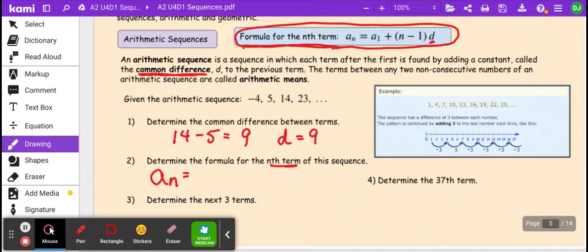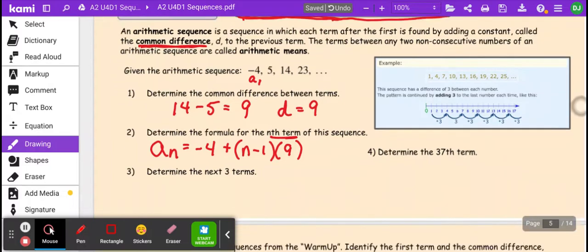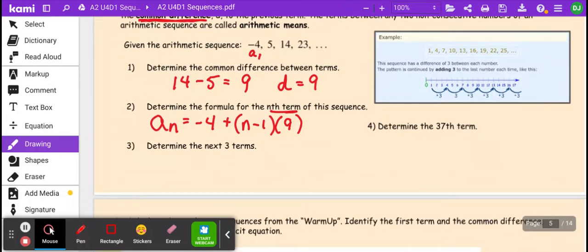So our first term is -4 plus, now I don't want to fill in my n this time because it would have to match. Like if I wanted the 20th term, then we would fill in a 20, and then times our 9. Okay, so now we have a formula, and now we can go on to the next 2 questions.